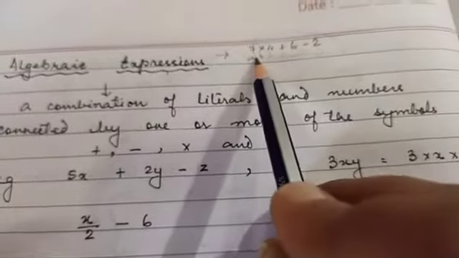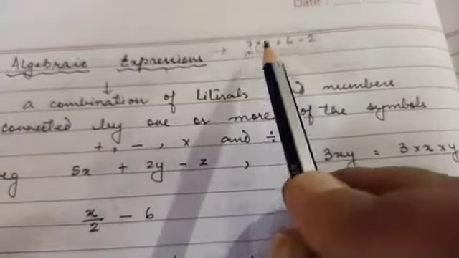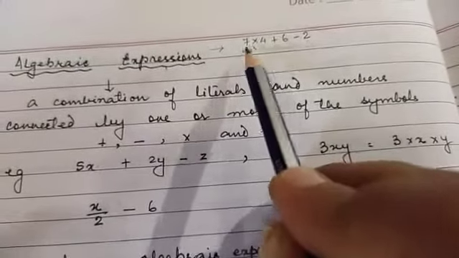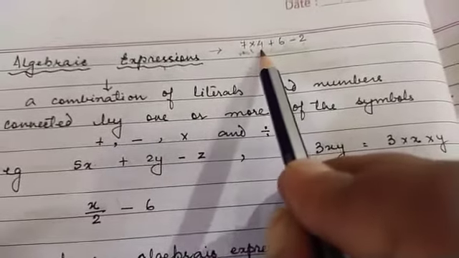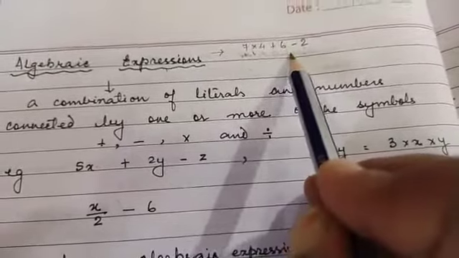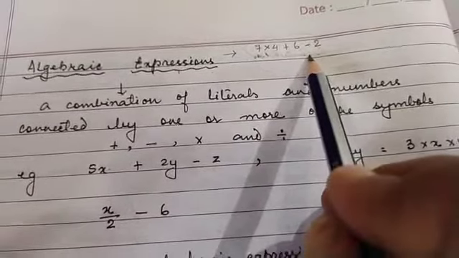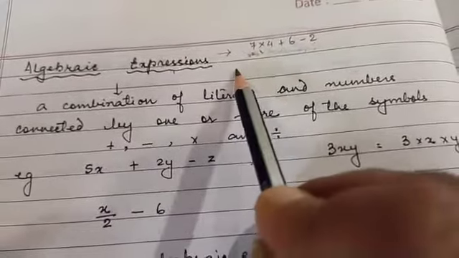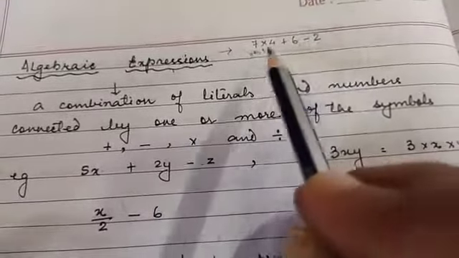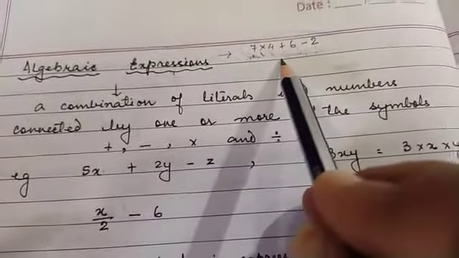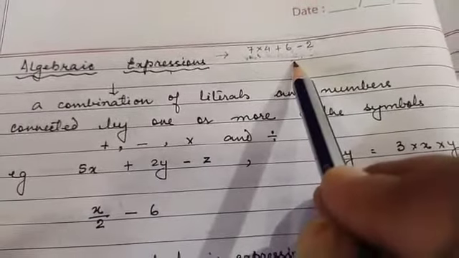Okay, when we have numbers or literals connected by one or more of these symbols, then it forms an expression. Okay, when we have a combination of numbers connected by one or more symbols, then it forms an expression.